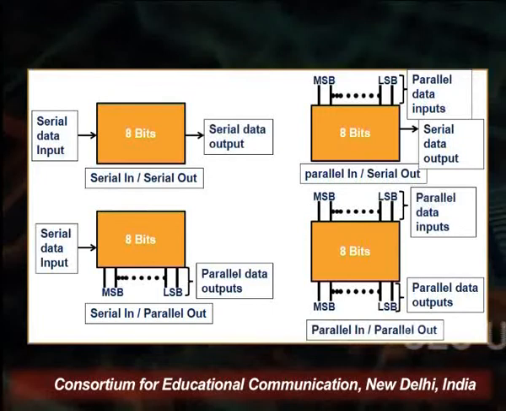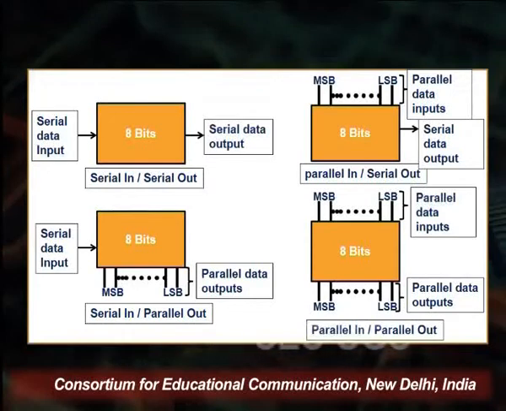Therefore, we can just look at these block diagrams and understand that SISO would be the slowest and PIPO, parallel in, parallel out, would be the fastest. But with PIPO, the problem is that since it is the fastest, it requires precision amplifiers to work with it, and therefore the whole package becomes costlier.